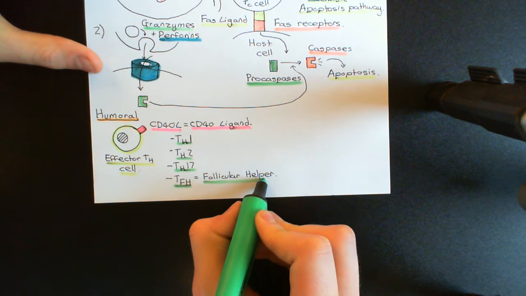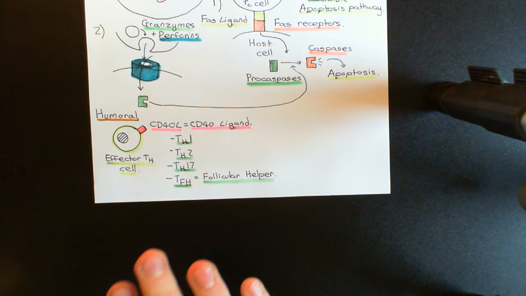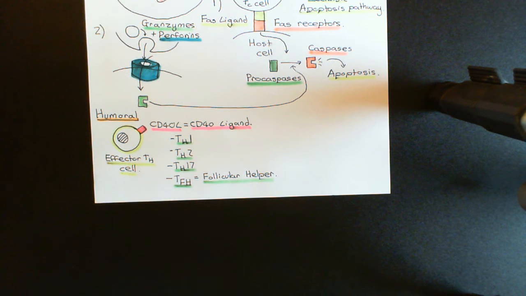As I say, if you read the current research literature, you will find out about other types of effector helper T cells. I'm not going to mention them. So things like, for instance, regulatory T cells, I'm not going to mention them because the picture still isn't that complete about what they actually do, and therefore I'm just going to stick with things that are well understood at the moment. There's lots of parts of the immune system that I haven't mentioned in this video.